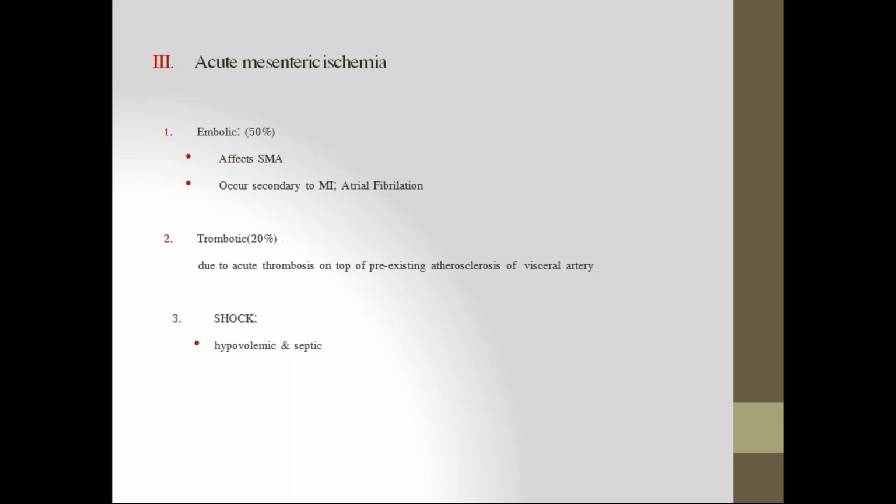Next is acute mesenteric ischemia. Previously, embolic diseases used to be more common. Now the stats indicate that thrombotic diseases are similarly common.